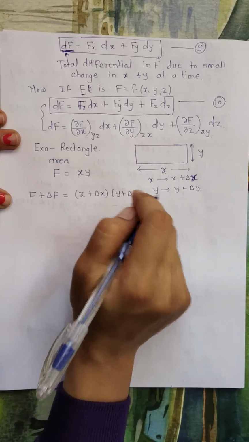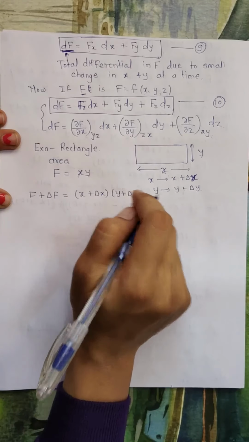So here if I take this f on the RHS, I can write df is equal to, now let me take the product, I will simplify these two brackets. So x into y plus x delta y plus y delta x plus delta x delta y and minus this f.